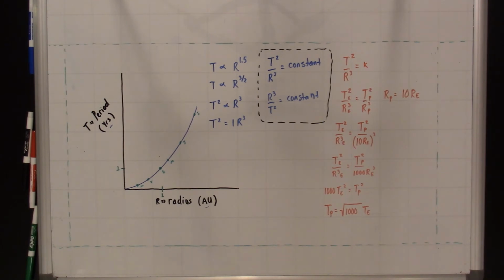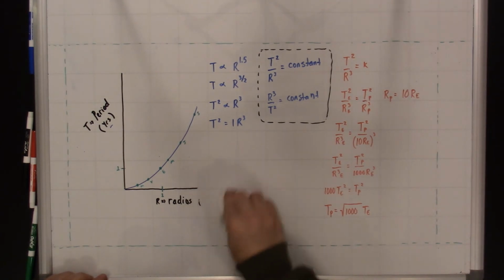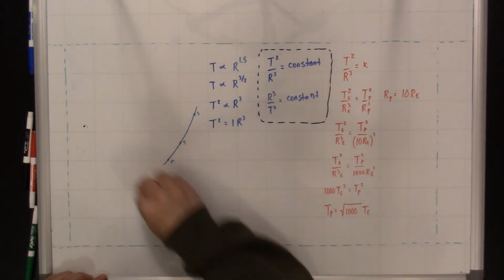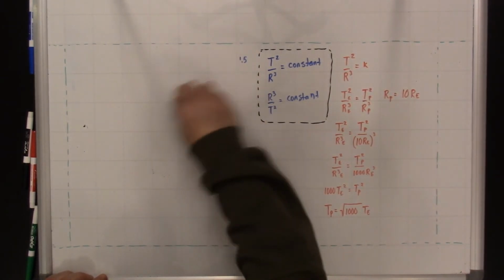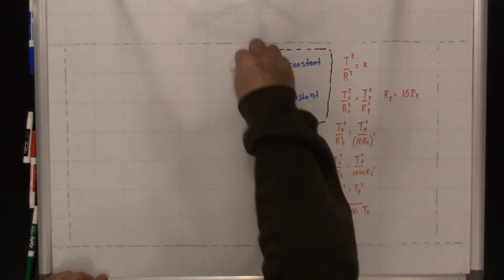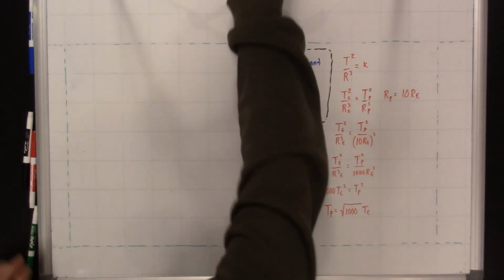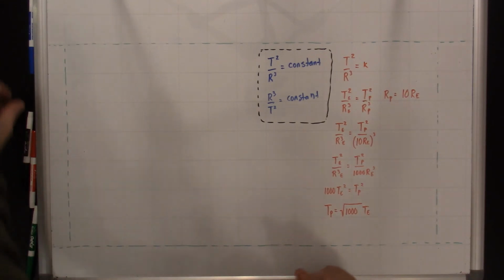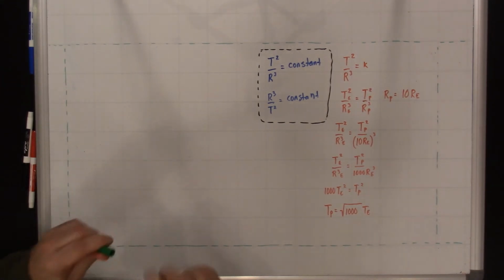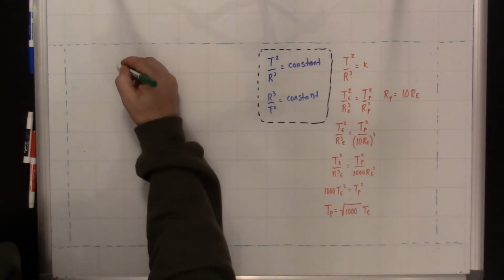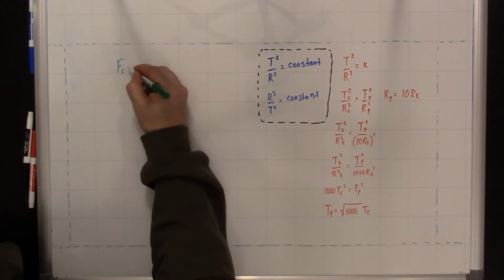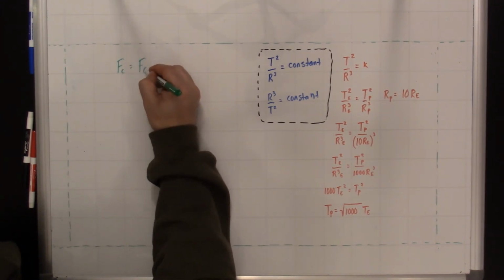So the first time that we talked about this, one of the things that we did is we set our gravitational force equal to our centripetal force. Let's do that again really fast and see if it makes any sense to us. We know that the centripetal force, let's say on a planet around the sun, is equal to the gravitational force.